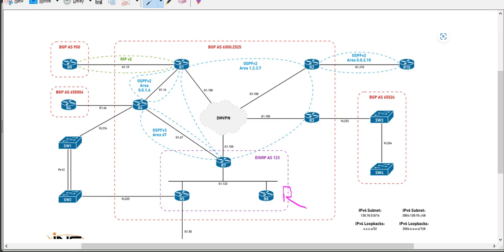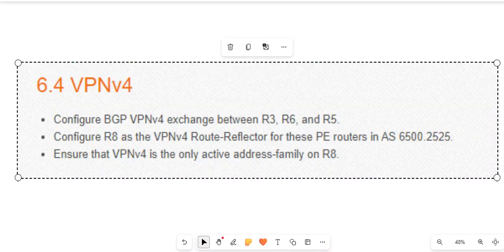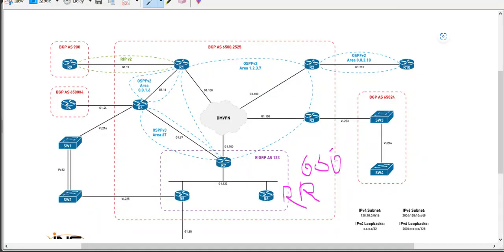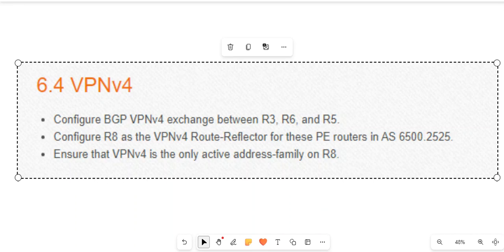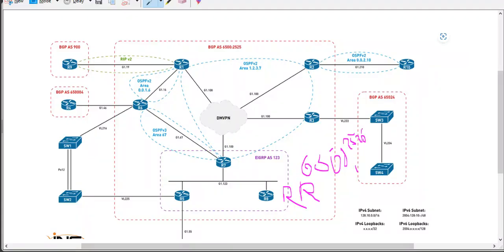R8 is our route reflector, and it is BGP AS 6500.2525. R3, R6 and R5 are route reflector clients.